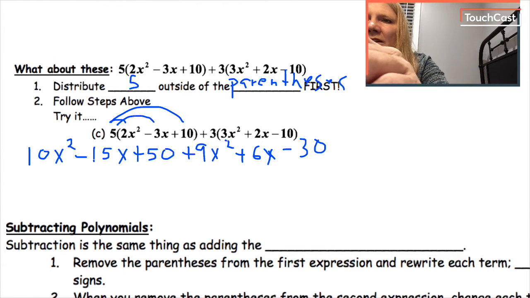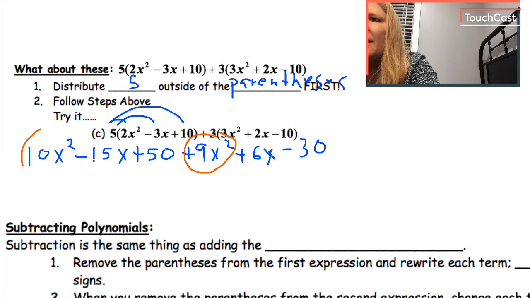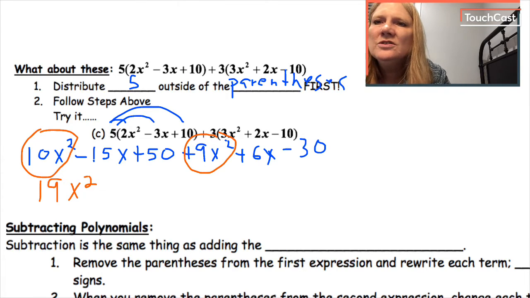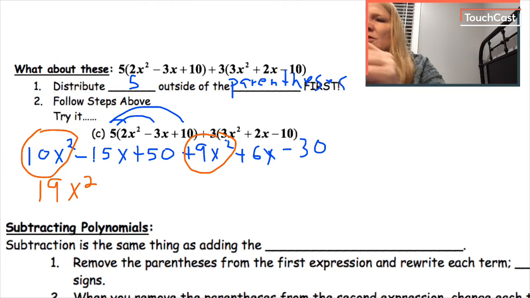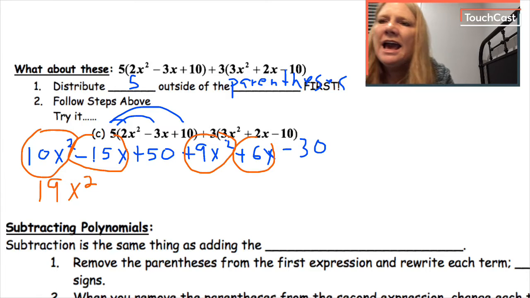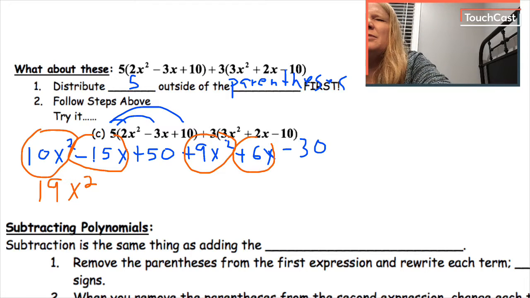I have a positive 9x squared and a positive 10x squared. So we add those and we get 19x squared because we're just adding the coefficients. Then I look for my x terms and I have a negative 15x and a positive 6x. So we're going to add a negative 15 to a positive 6, and that's going to be a negative 9x.